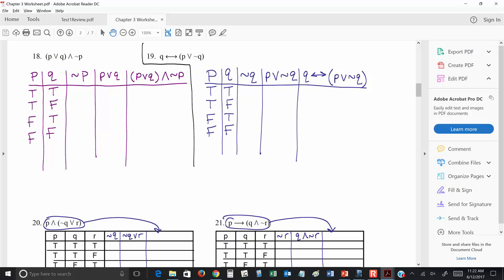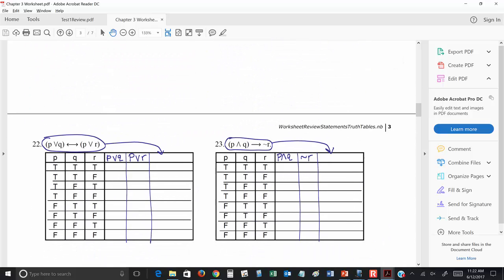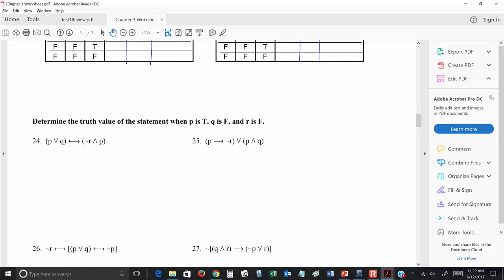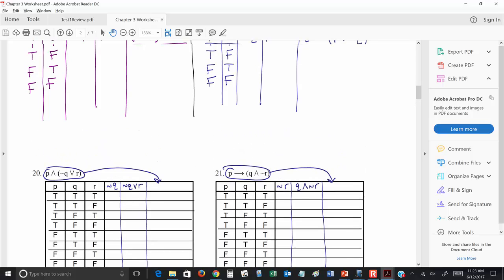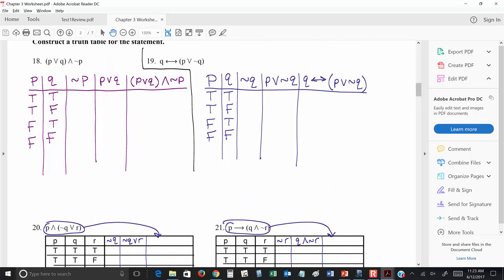If you want to write it out, that way you don't have to worry about figuring out what all this is supposed to be. I have it written down right here for you, and also here. So yeah, you work on those.